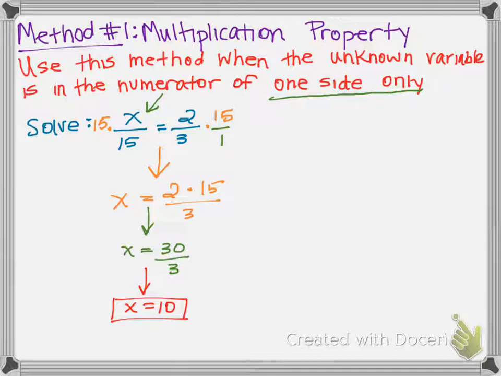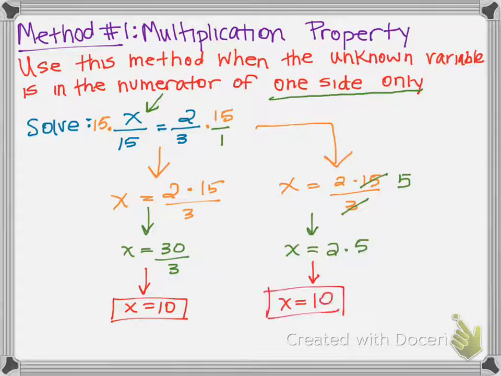So anyway, 2 times 15 is 30, so that takes me down to the green step. So I have x equals 30 divided by 3, and 30 divided by 3 is 10, so my answer is x equals 10.